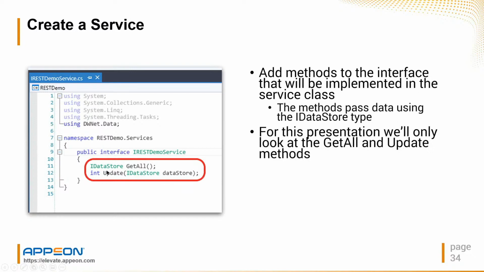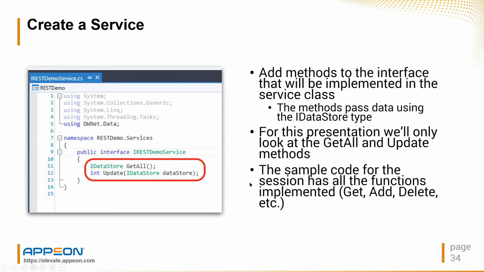What I'm going to return from the getAll call is IDataStore, the DataStore interface. And what I'm going to pass into the update method is the IDataStore, the DataStore interface. Because there are a couple of things you may want to do. You may want to do client agnostic approaches with the DataStore.